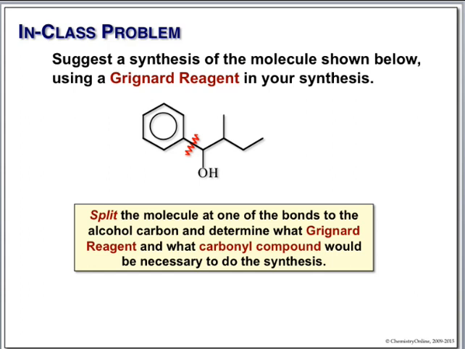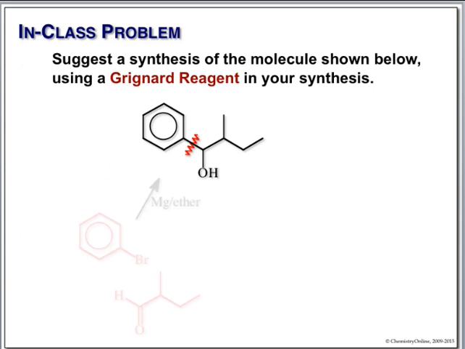Now, if that was the bond, then this was our carbonyl compound over here, and our Grignard reagent was simply this phenyl group, phenyl magnesium bromide. So this aldehyde, everything here, plus phenyl magnesium bromide, add the phenyl group here, and this is our product.